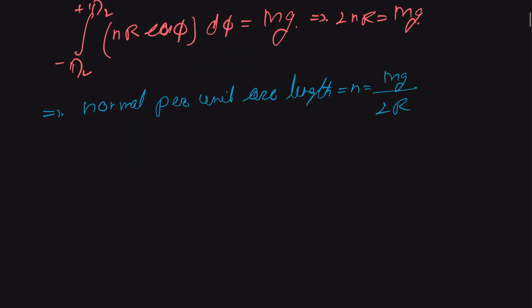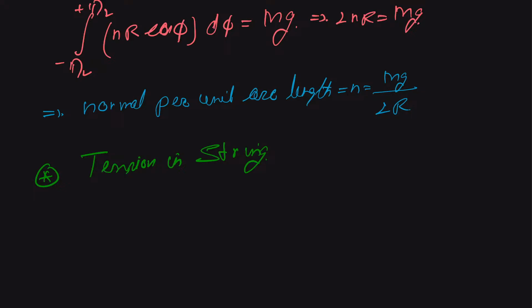Now we come to our tension part, so we find the tension in the string. In the first case, part A, there is no friction and therefore there will be no tangential force between the string and the disc.